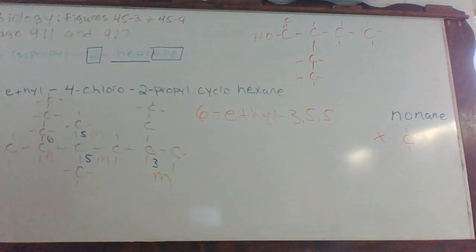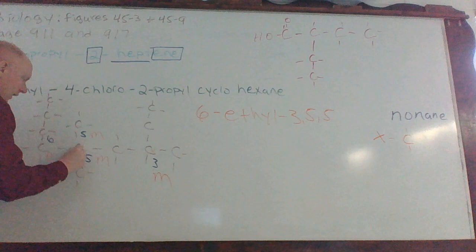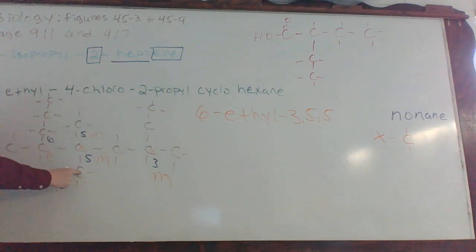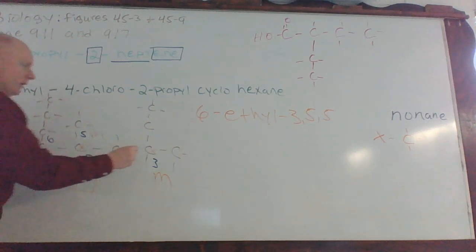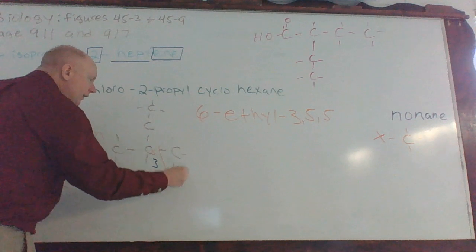So the formula, so CH3 means it's a what? Okay. Now, if this says X marks the spot, what's that guy? Okay, and X marks the spot for this one. So remember, these are carbon to carbon bonds. That's not hydrogens.